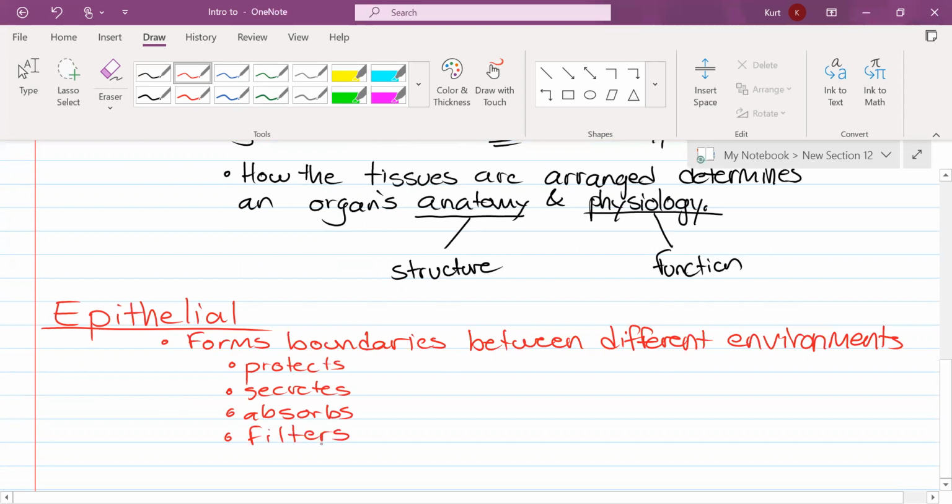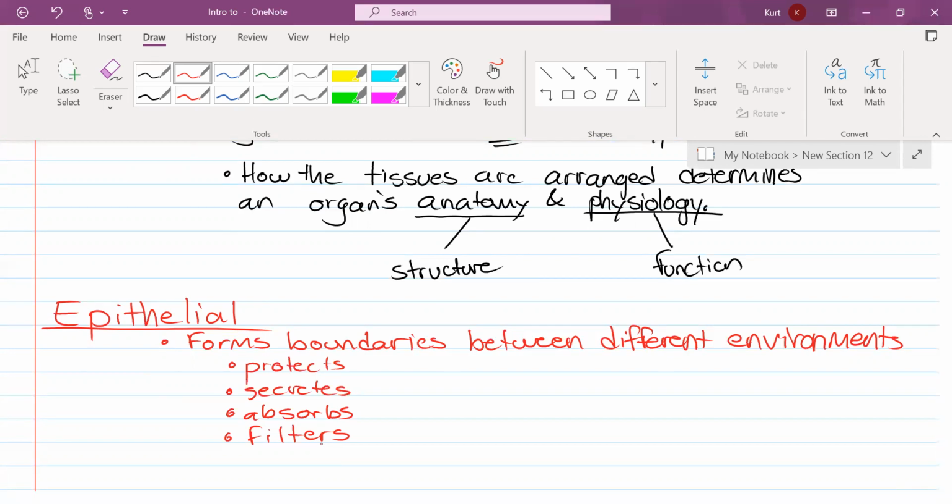Now, you all are new to the anatomy and physiology game. You're barely a month in, but I'd like to see if you might be able to tell me what organ systems, or at least maybe what organs are being described when I say secretes. What system would that be? The endocrine system. What is the endocrine system made of? Like, what are the structures that secrete hormones? Glands. Well done. How about absorbs? What absorbs? Not the liver.